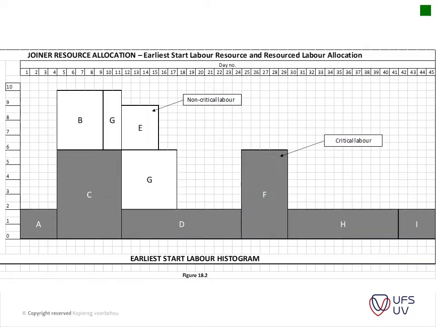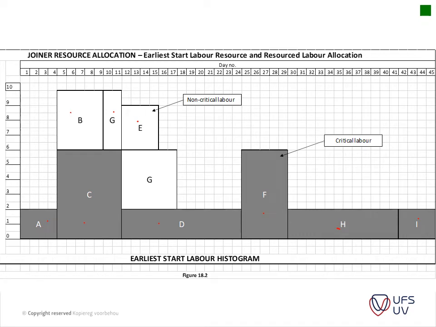So looking at figure 18.2, you can see this is basically the histogram, just showing the amount of laborers that you need. A, C, D, F, H is the critical labor, whereas you have B, G, and E, which continues through here, which gives you the non-critical labor items.